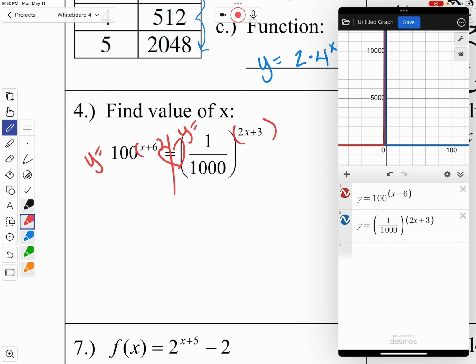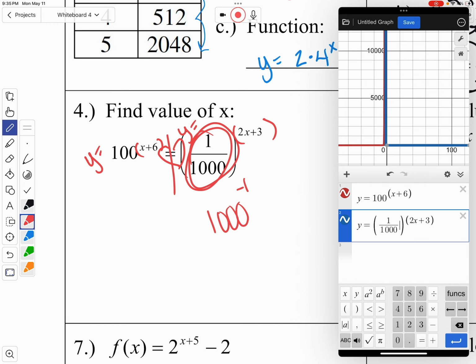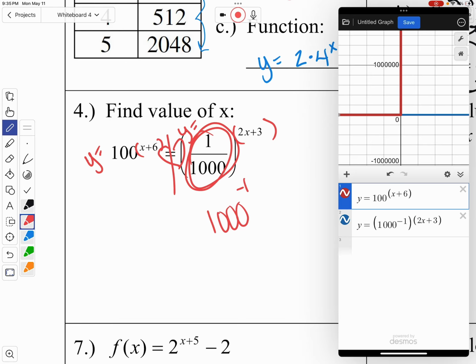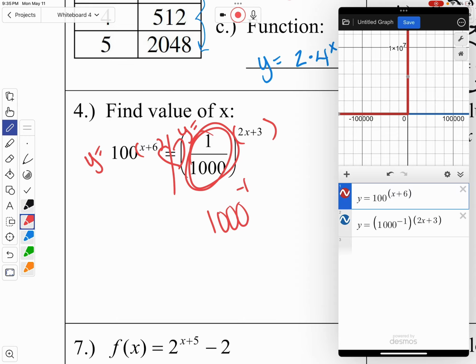I do know that this, using my exponent rules, can be written as 1,000 to the negative 1. So if I wanted to, I could come in here and change this. Let me see if it's going to make a difference. On the check-in, they're only going to give us things that work. So we would just keep going using our answer choices to, oop, there it is, right where they crisscross.